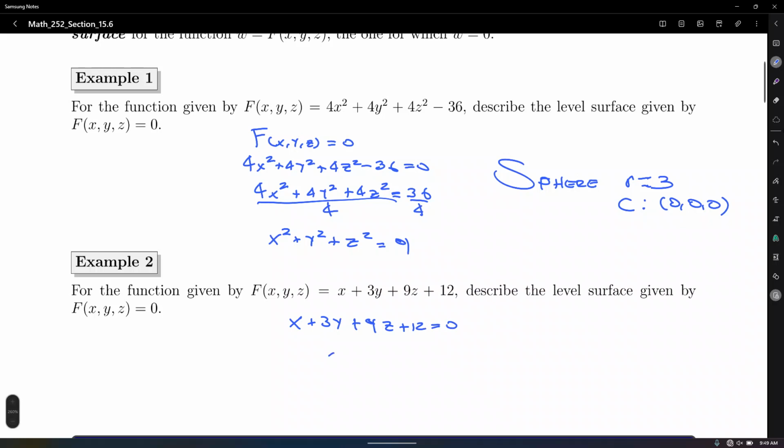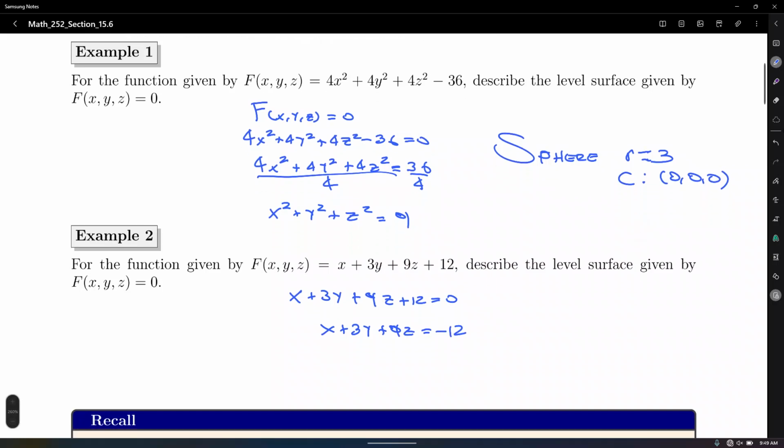Keep the variables on the left: x plus 3y plus 9z equals negative 12. What does that describe? An ellipsoid? That would have been if we had the variables squared. So all variables to the first power: a plane.